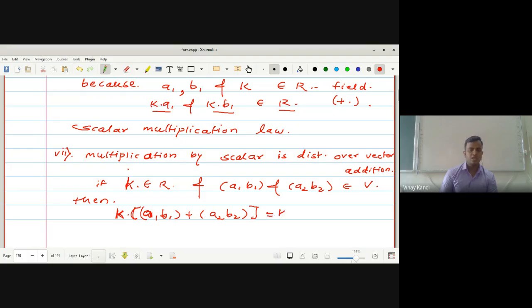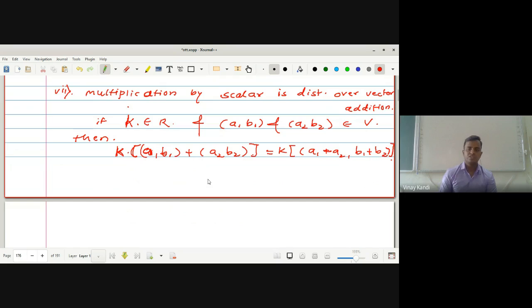Now this is equal to k into, by the definition of vector addition, (a1 + a2, b1 + b2). Now by the definition of scalar multiplication to a vector, this is (k(a1 + a2), k(b1 + b2)). Okay, which is equal to, by the definition of scalar multiplication law, what we have?